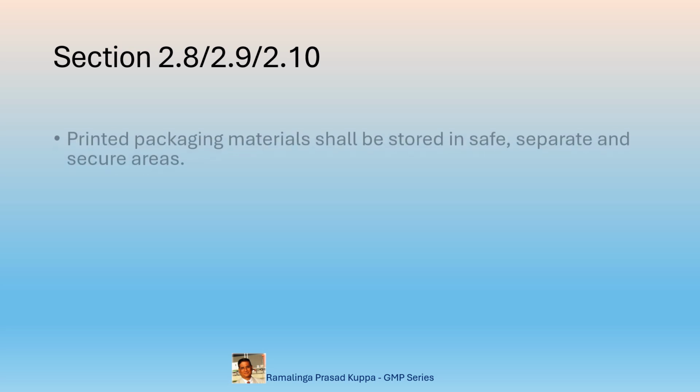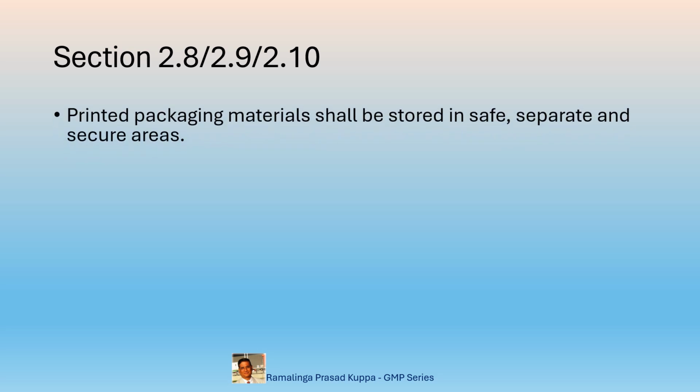Subsection 2.8, 2.9, and 2.10. Printed packaging materials shall be stored in safe, separate, and secure areas. Printed packaging materials will have details of batch number, manufacturing date, expiry date, etc. for a specific batch. Such printed packaging materials are like signed off blank checks.